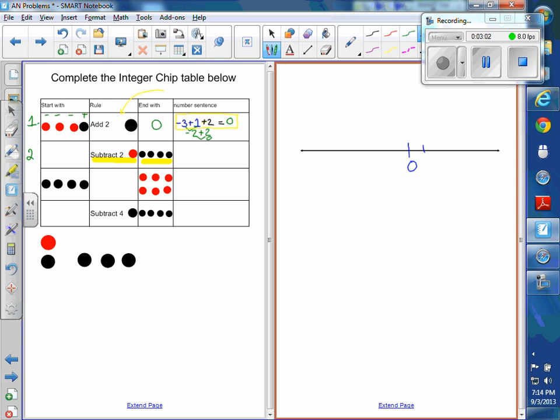You know that you have to end up here, but we have to subtract 2 negatives. So you are taking some beginning number which we don't know, and we're subtracting 2 negatives. And we're ending up with 4 positives.